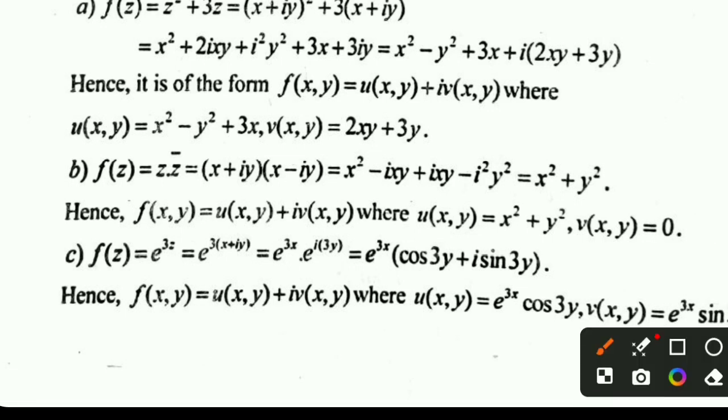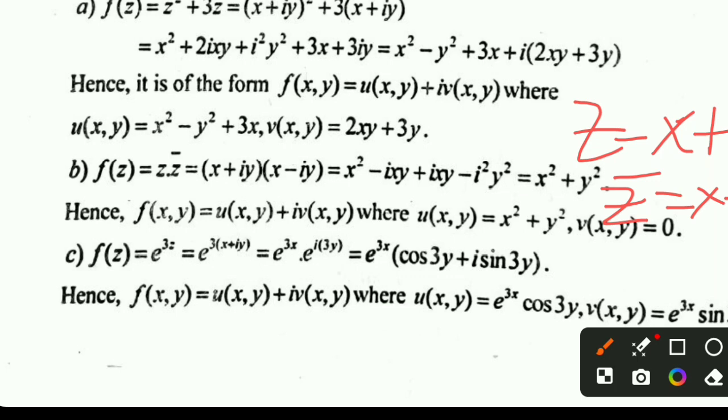f of z is equal to z times z bar. If z is equal to x plus iy, then z bar, its conjugate, is x minus iy. So z times z bar means x plus iy times its conjugate x minus iy.